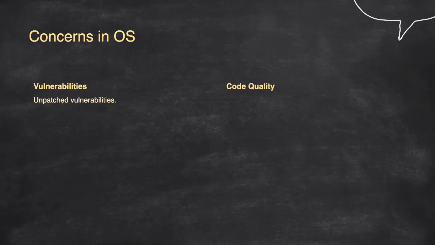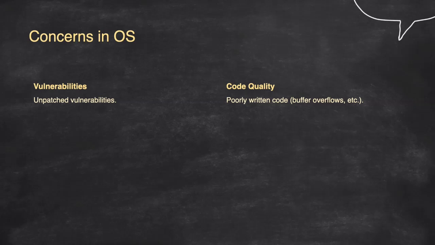Moving next, we'll talk about code quality. Friends, poorly written code can cause serious problems in software, and it is more than just inefficiency. It leads to instability and, more importantly, security vulnerabilities. A common issue is buffer overflows, when a program writes more data to a memory buffer than it can hold, potentially allowing attackers to execute malicious code.